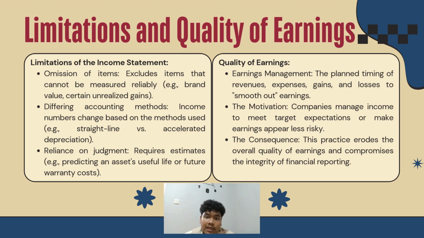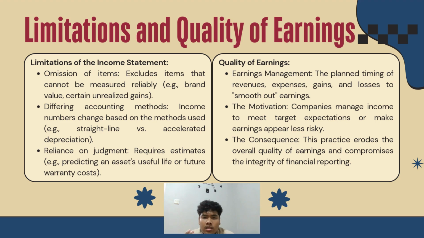Because of this flexibility and reliance on judgment, we have to look closely at the quality of earnings. Sometimes companies have an incentive to manage their income, either to meet a specific target or expectation, or to make their earnings look less risky to investors.